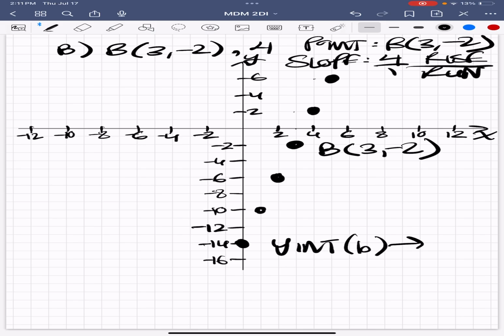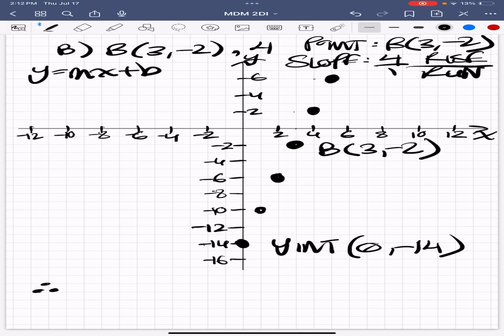which is 0, comma, negative 14. And then we have y equals mx plus b, m being slope, b being y-intercept.